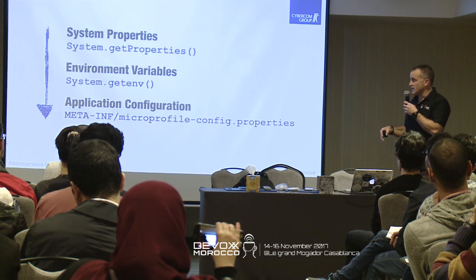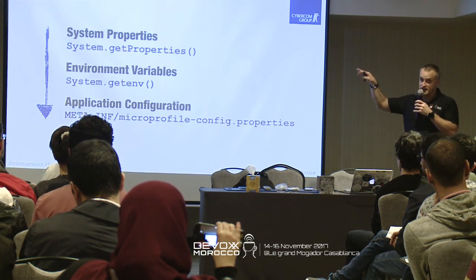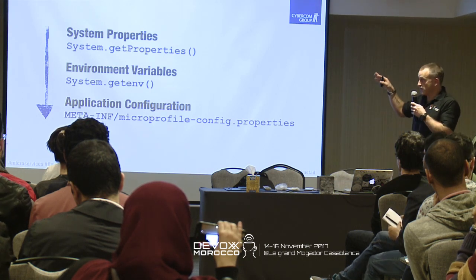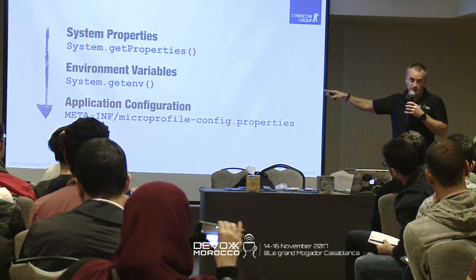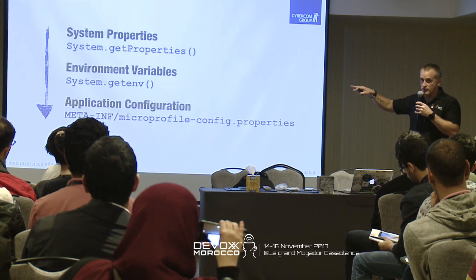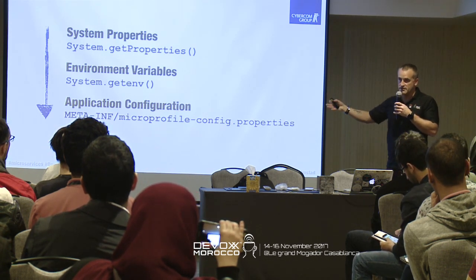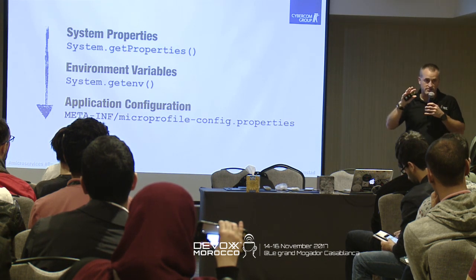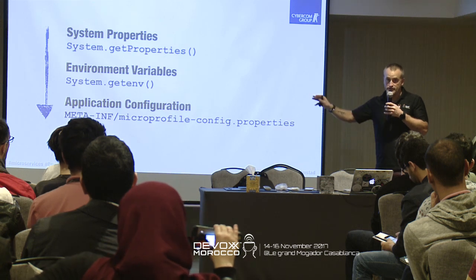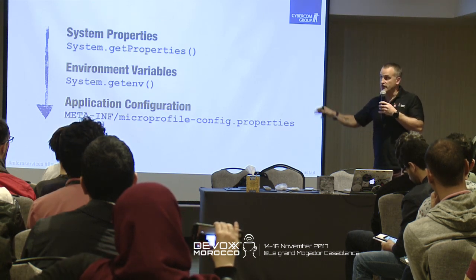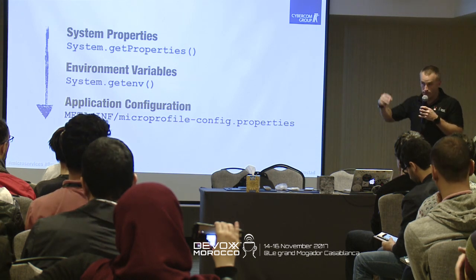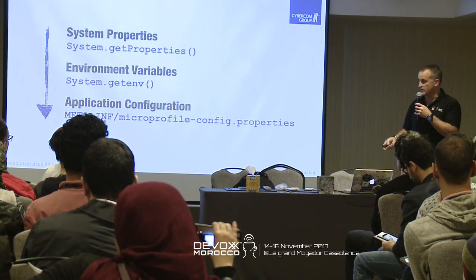So if you have a system property set in your environment wherever you run your application, this will override any environment variables that you've potentially set there. For example, if you set environment variables when you build your Docker image, but you want to run this image in another environment, then you can set system properties outside of it and override the environment variables, if that's what you want to do. Or you can set environment variables and override the internal environment variables.